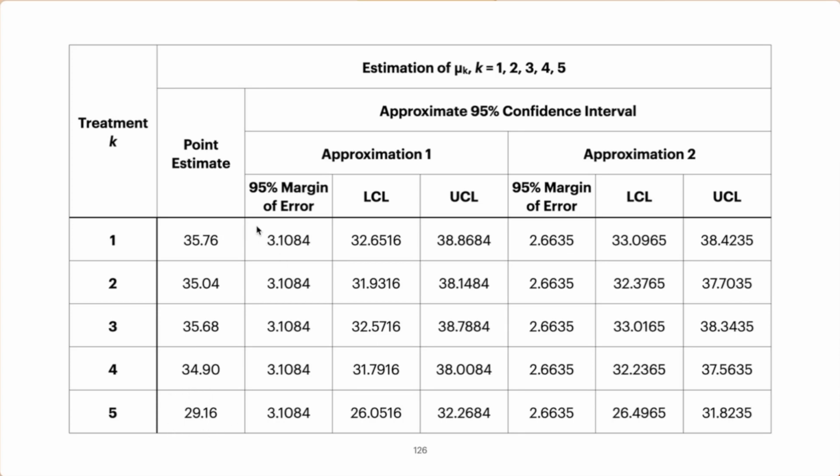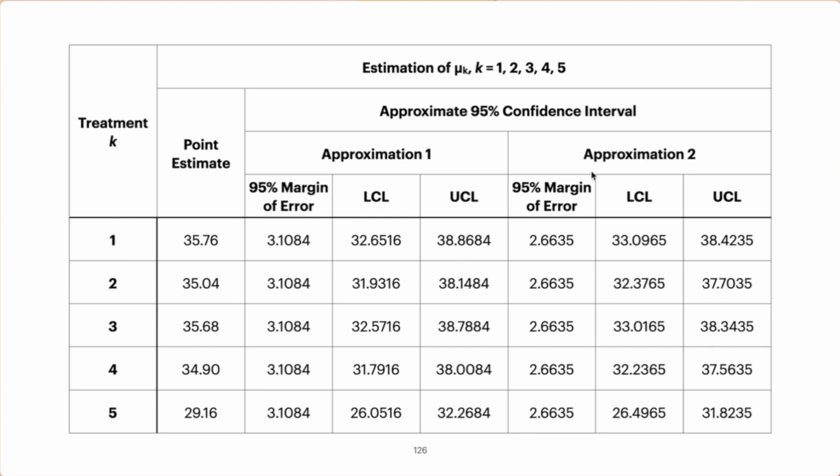Now, notice that for both of these approximation methods, I've listed here the approximate 95% margin of error associated with these point estimates. And so using approximation 1, where we approximate the t-value directly, rounded to 4 decimal places, the approximate 95% margin of error associated with these point estimates is 3.1084 for each of those 5 point estimates.